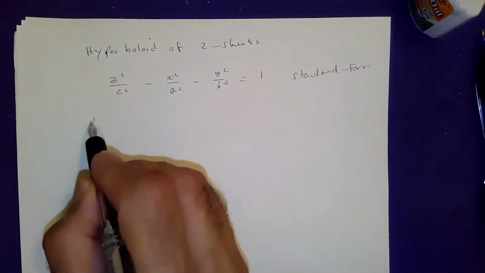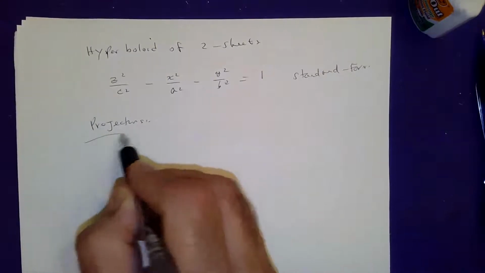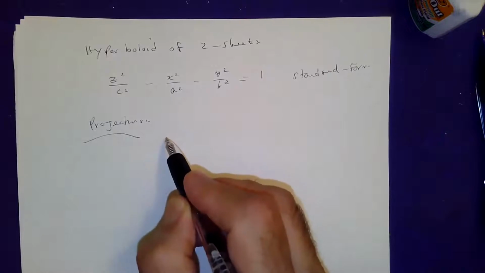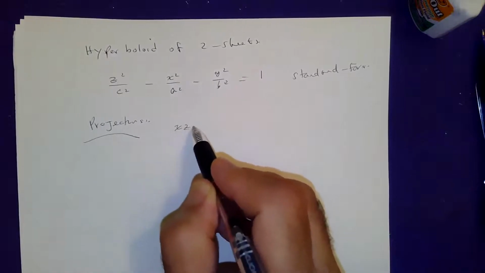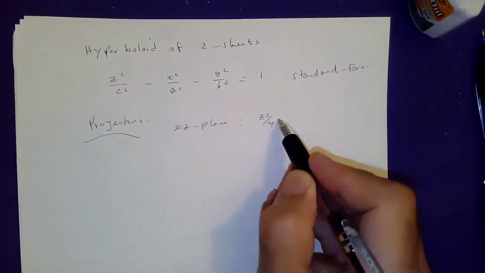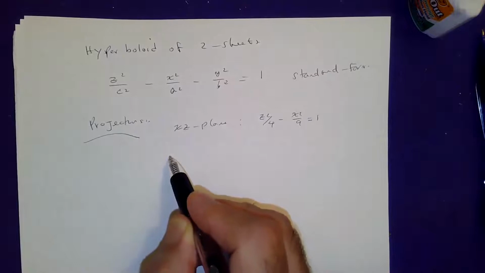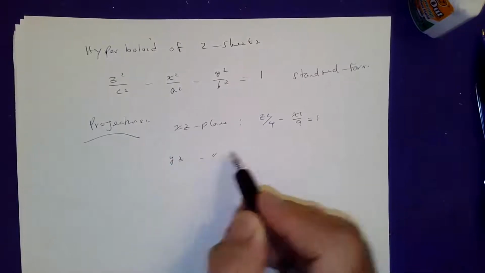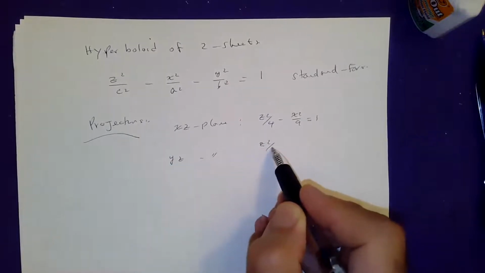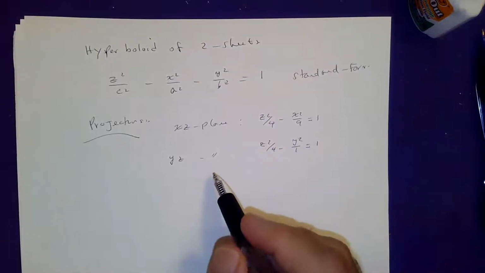So I will do my usual projections just to see what's going on here. On the xz plane, I will have z squared over 4 minus x squared over 9. On the yz plane, I would have z squared over 4 minus y squared over 1 equals 1.